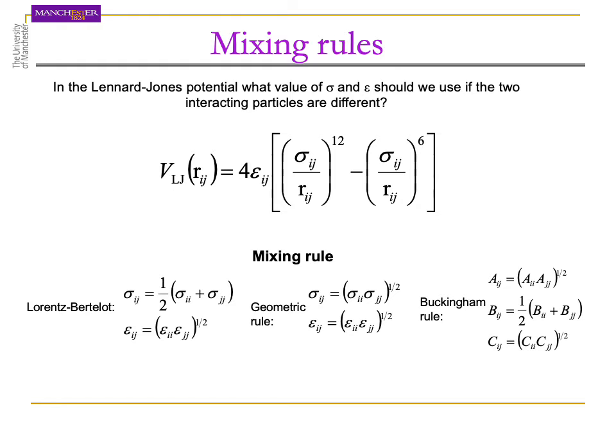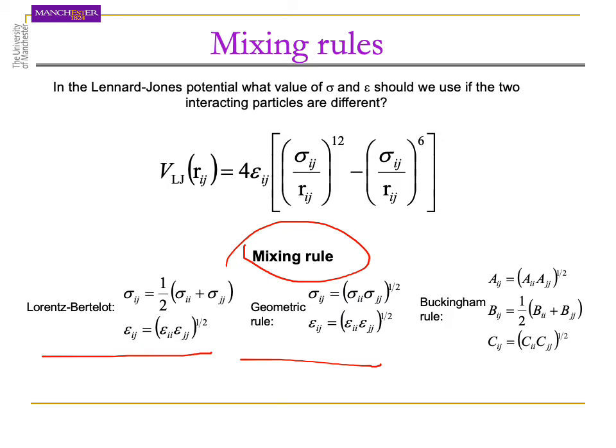The way to obtain the new sigma and epsilon for your new system are called collectively the mixing rules, because they are rules that explain how to mix sigmas and epsilons between different systems. There are different types of mixing rules for the Lennard-Jones potential, which are also used for the WCA potential that we just saw. One set of rules is the Lorentz-Berthelot rules, and one set of rules is the geometric rules.